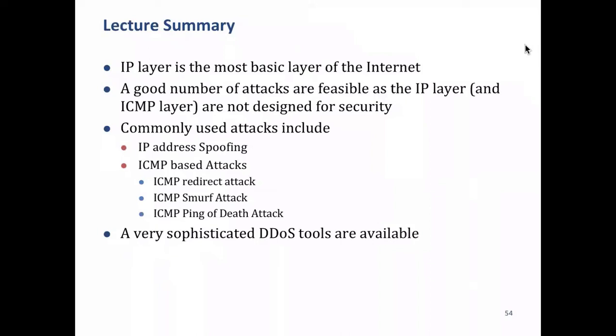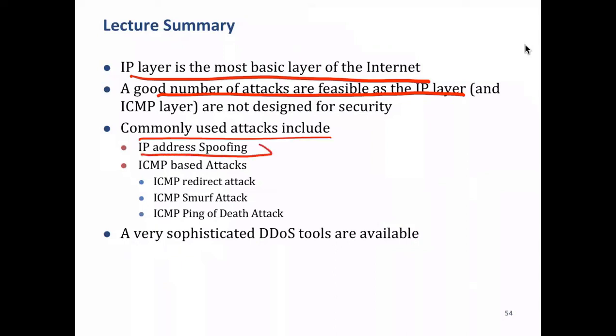So what you have studied today is that the IP layer is the most basic layer of the internet. A good number of attacks are possible as the IP layer and also the ICMP layer are not designed for security. They are designed for everything else apart from security. Commonly used attacks include IP address spoofing that we have seen.